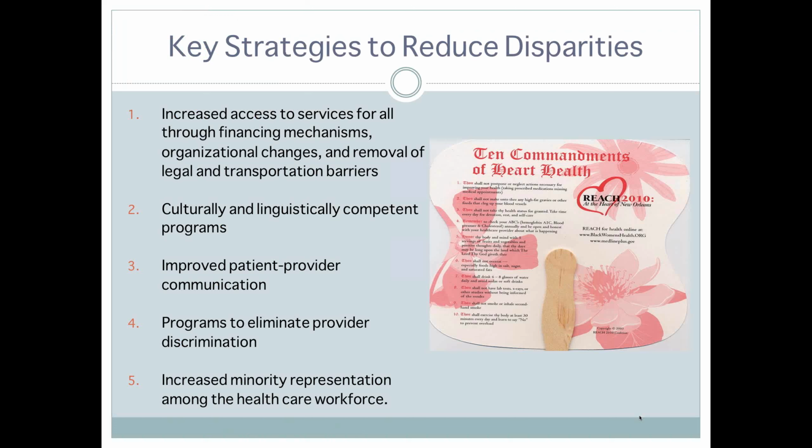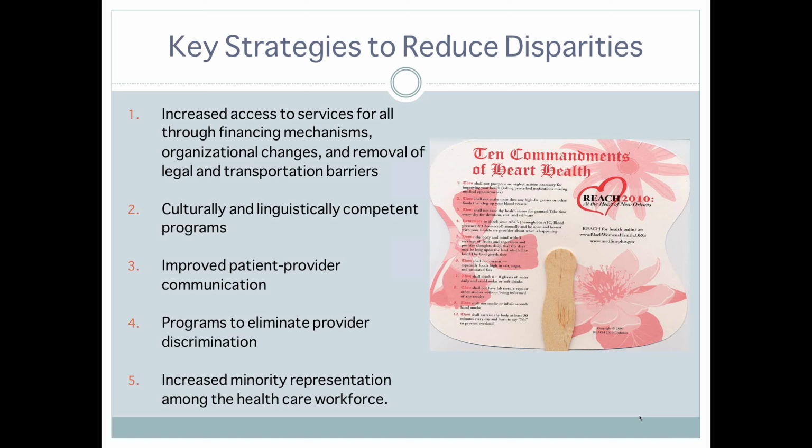So when we see that disparities and inequities exist, what have we learned about the strategies that can be used to effectively reduce disparities? There are 5 evidence-based strategies that work to prevent or reduce health disparities. The first strategy is to increase access to services for all through financing mechanisms.